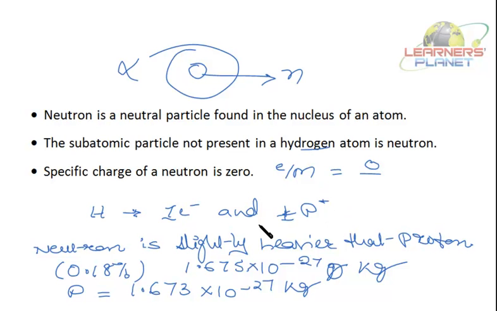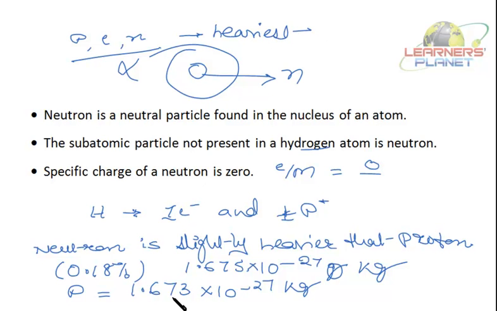Now students, do remember, of all the elementary particles present in the atom, that is the proton, the electron and the neutron, the neutron is the heaviest. Heaviest how?